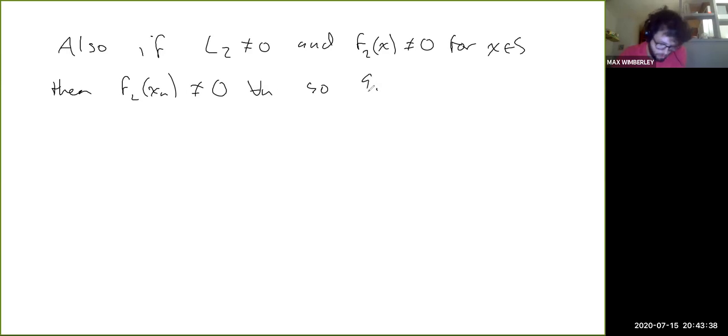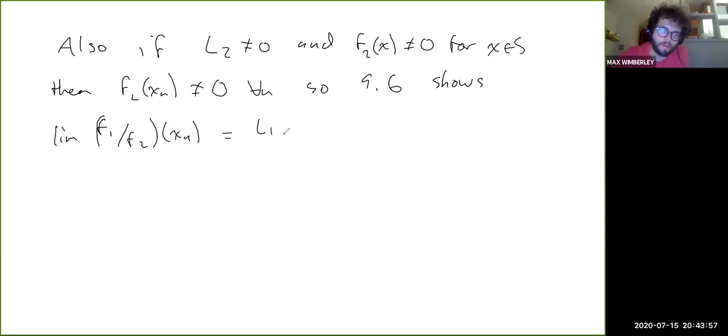So 9.6 shows that the limit of f1 over f2 of xn is L1 over L2.